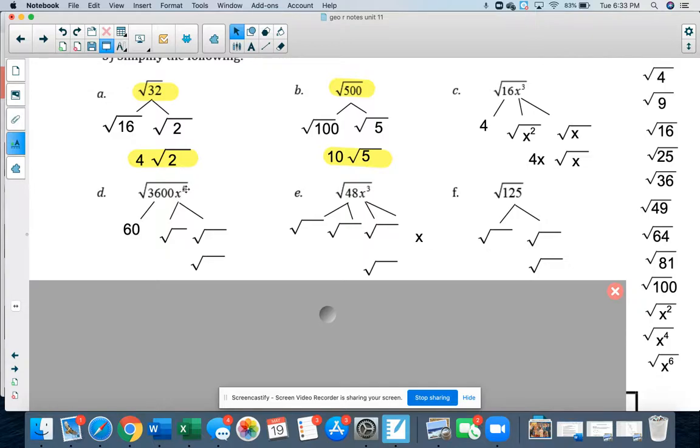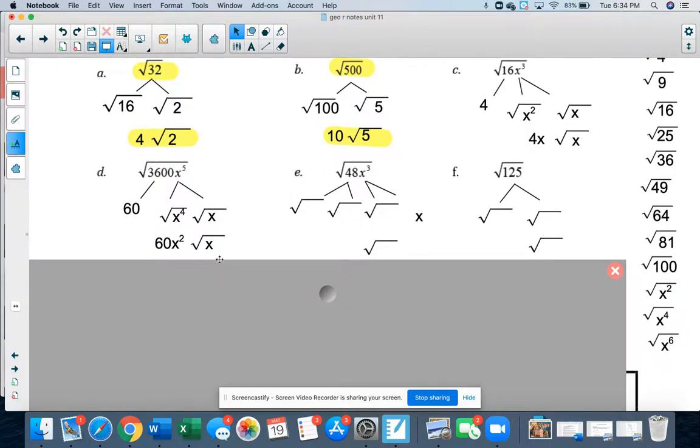X to the fifth is an odd exponent, so I break it down into the highest even exponent that I can get, and then the odd one that's left over. Square root of x to the fourth is equal to x squared, and that's with the 60. Both of those just get written outside of the radical because they are no longer a radical. I simplified this square root of x to the fourth. The x, though, that odd one, is still underneath the radical.